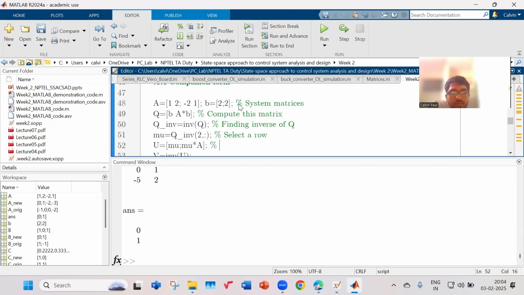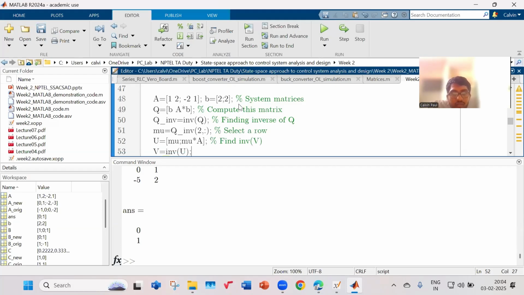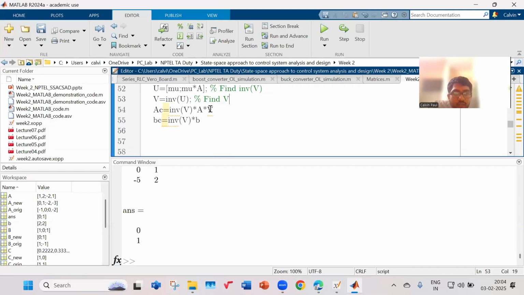Then we find inverse V, right? And then we find V. And then we use that to find AC and BC. These are the transformed state space representations, the canonical form.